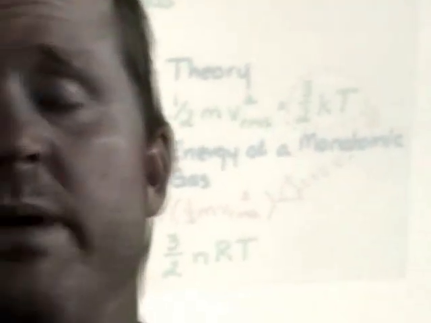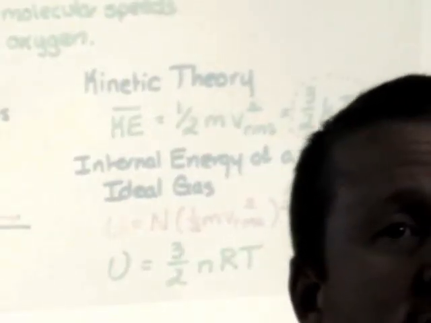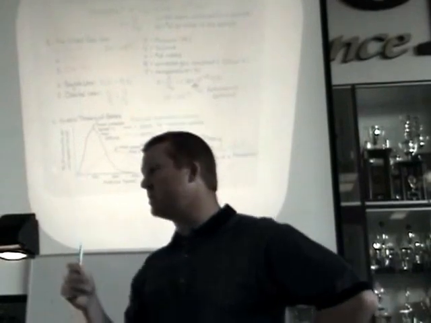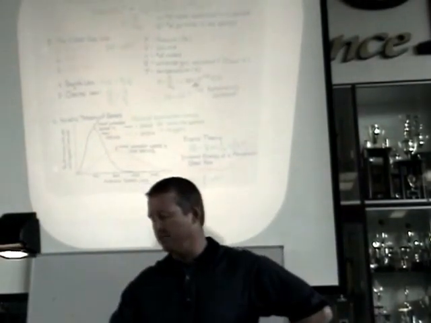And if you want internal energy, U, which we're going to talk about in a little bit when we get to thermodynamics, and looking at the effect on U, the internal energy of the system, as we add heat to it or take away heat or do work on the system or let the system do work, it's going to change this value. We'll get to that in a minute.